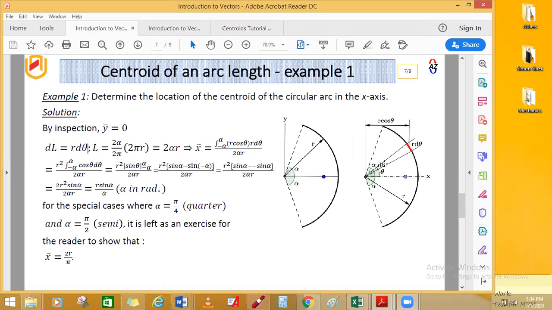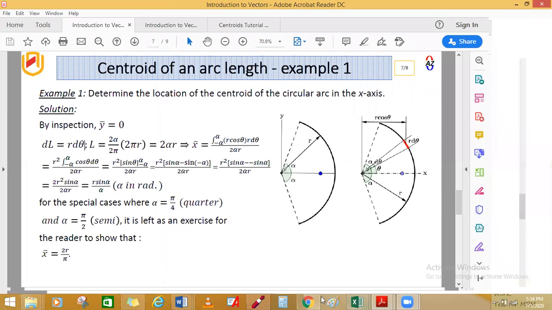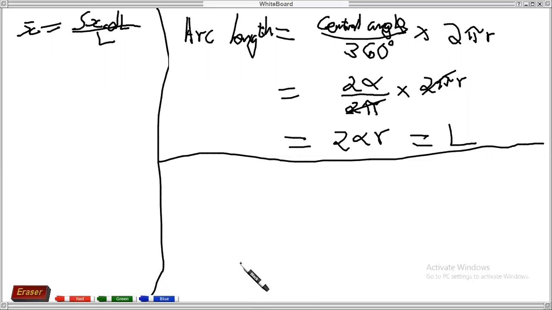In this case, the angle is this d theta. Instead of saying arc length, we can just say dl, because it's this small portion we're working on.